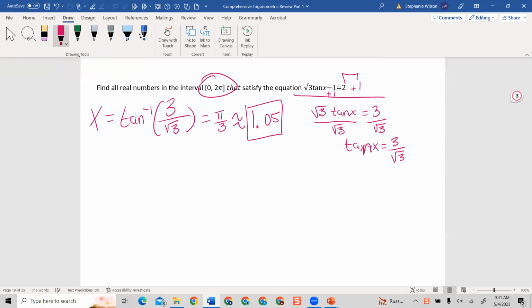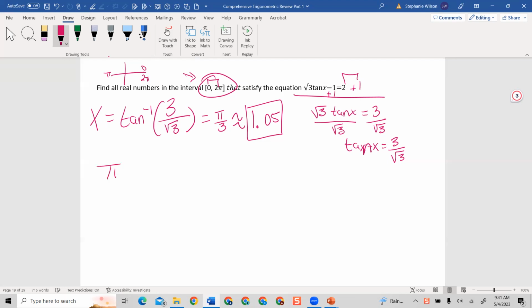Now this interval says that it can equal 0, it falls between 0 and 2 pi, and it can equal 2 pi. So let's solve for it. If I say 0 plus or minus that 1.05 or plus or minus pi thirds, we just get that answer. So let's go with pi, because you have 2 pi here, you have 0, and you have pi.